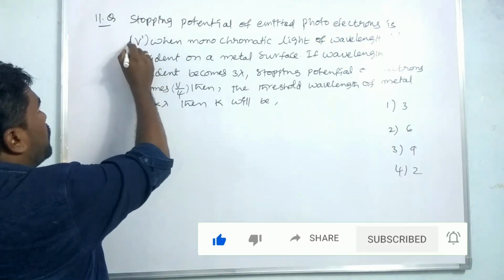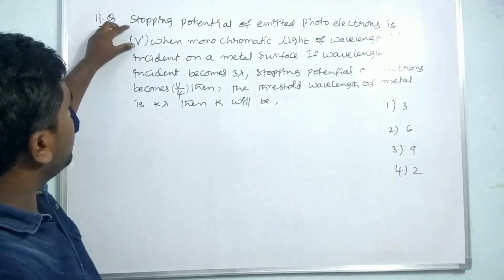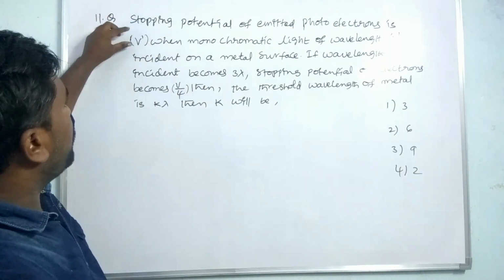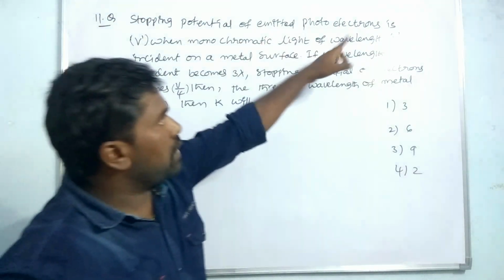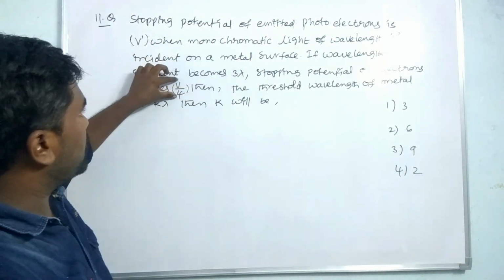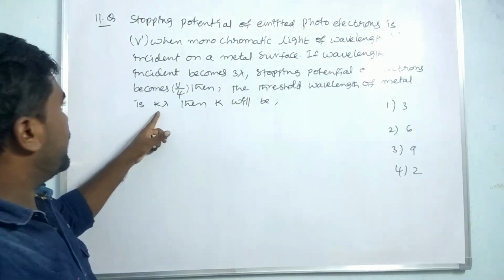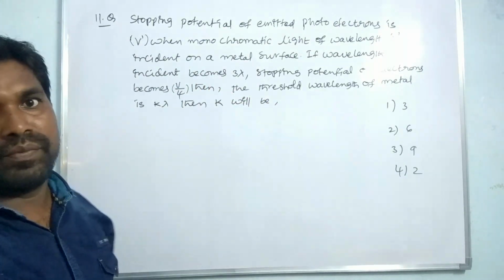Then the threshold wavelength of the metal is K lambda; find the K value.